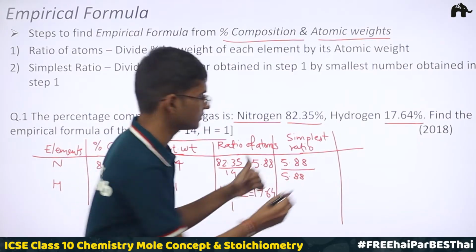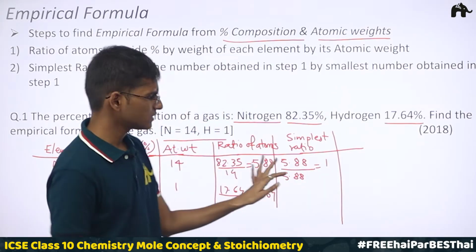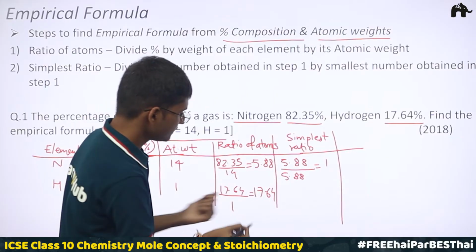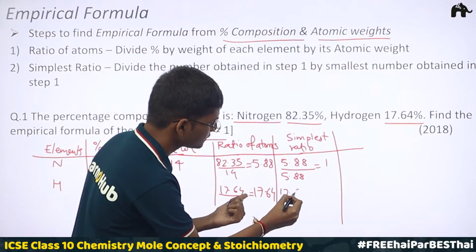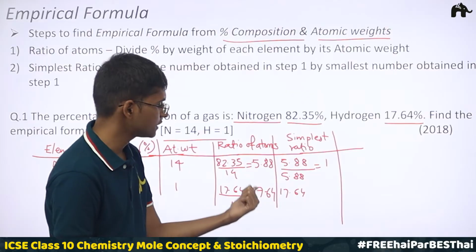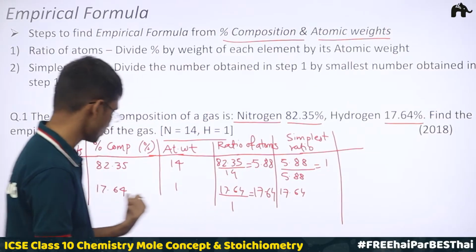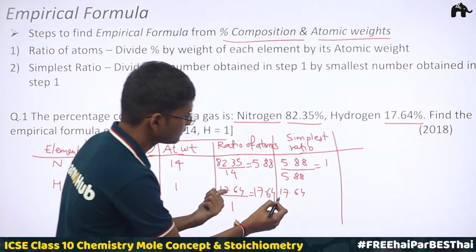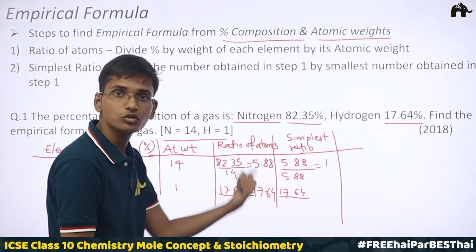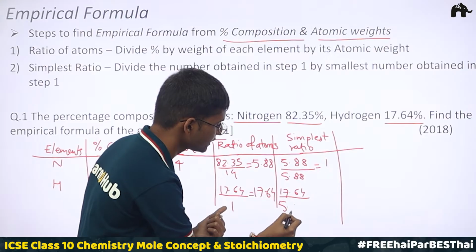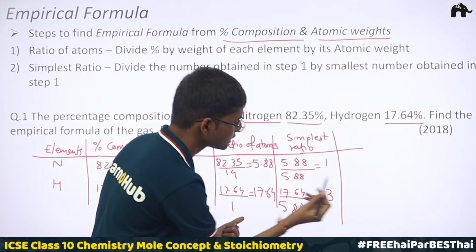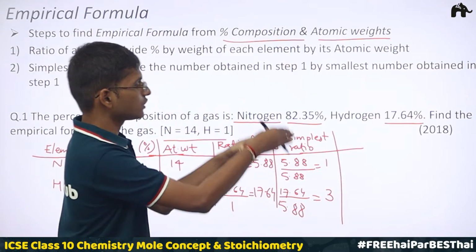Simply it's 1, the same number divided by the same number. Then the same with hydrogen: I take the number we received by calculating the ratio of atoms for hydrogen and divide by the smallest number, which is again 5.88. Solve this, you would get 3. We got the simplest ratio.